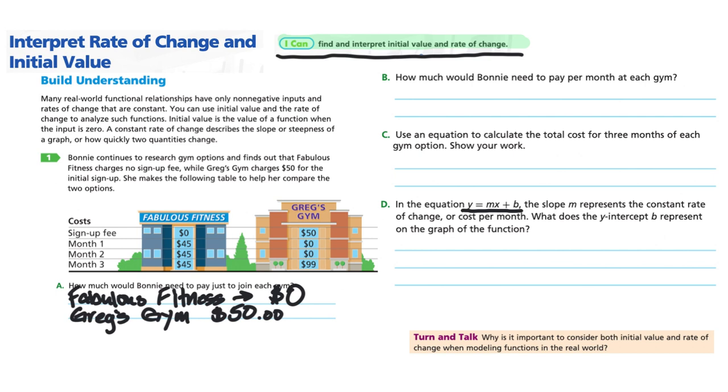In B, it asks how much would Bonnie need to pay per month at each gym? And her table helps you. So you can see for Fabulous Fitness, I'm just going to write FF. They charge $45 per month. And then at Greg's Gym, they don't give you a per month fee. It's, remember, $99 per quarter.